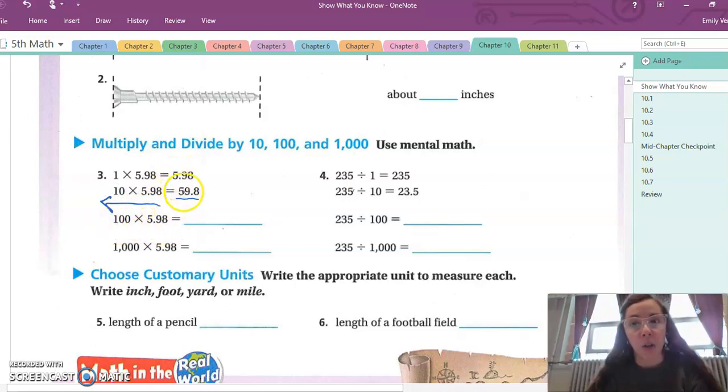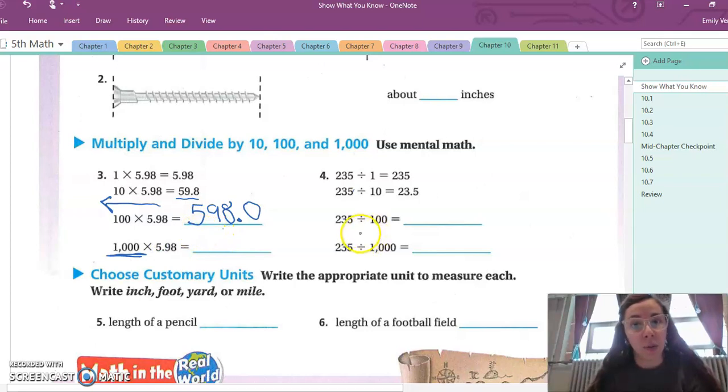And if we follow the pattern down, we know our next number is going to scooch over, and we'll have 598.0. You don't have to put the .0 on there, but that just shows that there's nothing behind it. So you can choose to have that or not. However, keep that in mind for when you do this one. I want you to try that one on your own, okay?